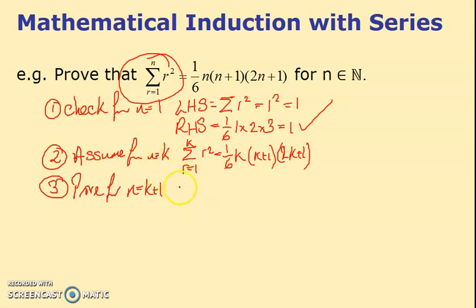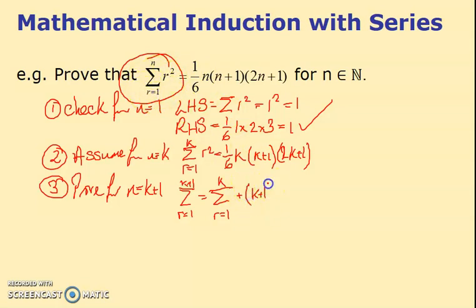And the key here is to realize, and this is the trick we're going to use on all these series, that if I want the sum from r equals 1 to k plus 1, then essentially it is the sum from r equals 1 to k plus an extra term. And it's the k plus 1th term, where k plus 1 goes into this left hand side.